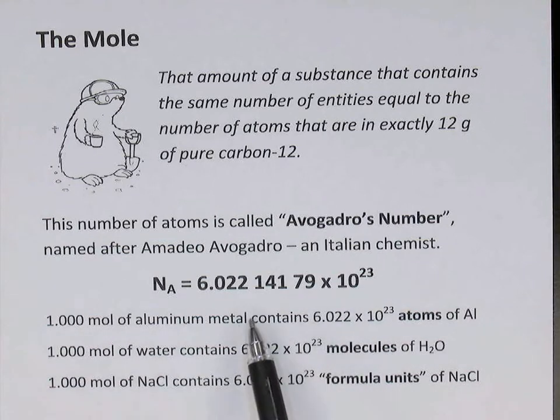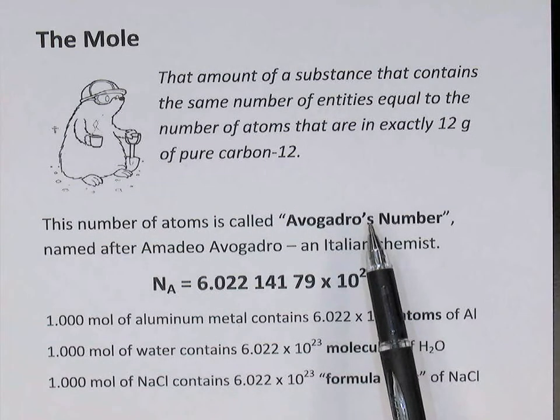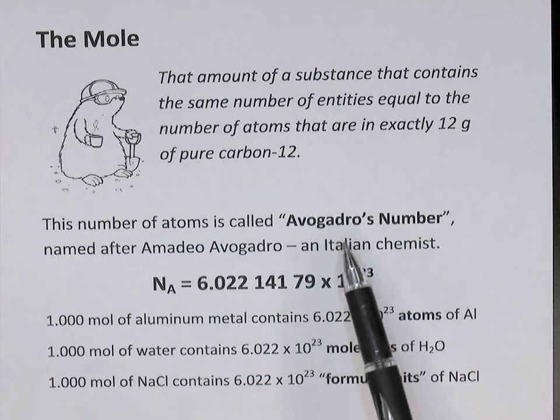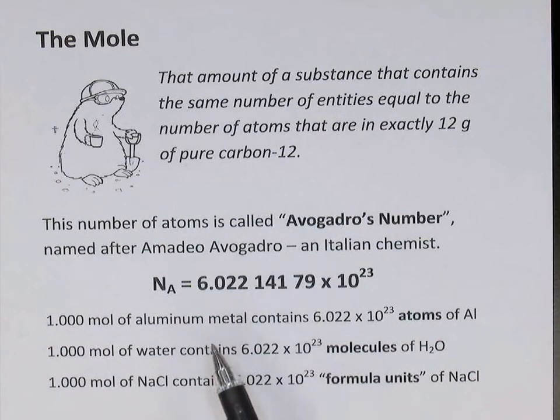All right? Now that top definition we had there is really so irritating to lots of chemists and physicists that they have petitioned IUPAC to redefine the mole. There are people that want to redefine it and say that a mole is simply the number equal to this many things, or something like that.